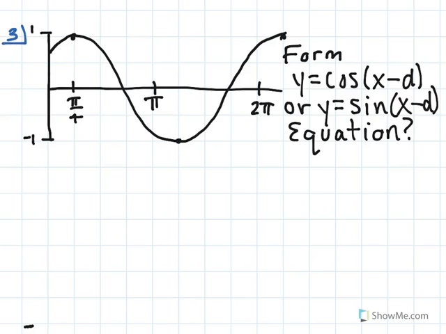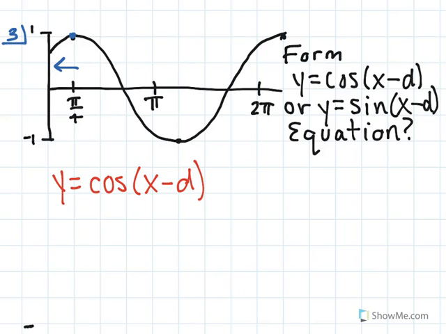Notice that if we were to shift this graph to the left, this peak here would hit the y-axis first, so we can assume this is a cosine wave that starts high and goes low. So we're working with y equals cosine of x minus d.